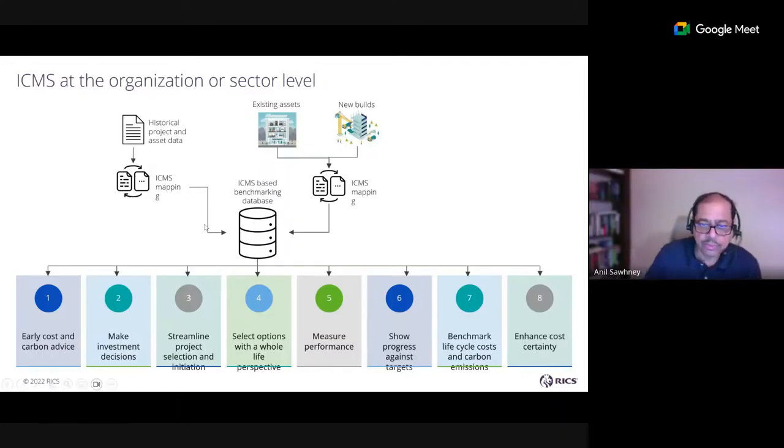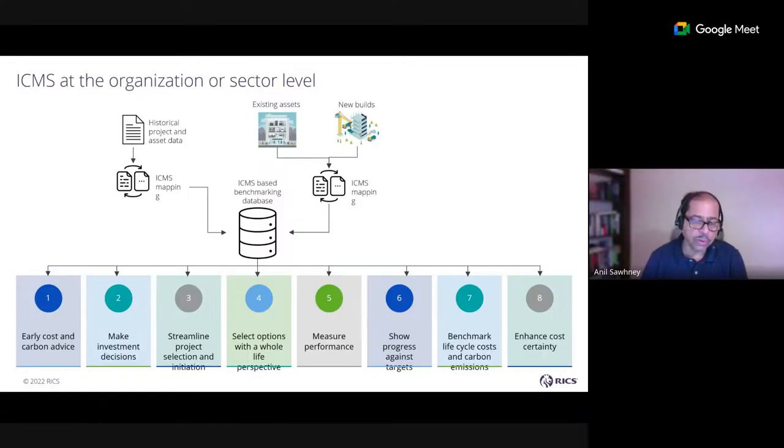If you have this kind of a database that uses the ICMS mapping, you have both new builds as well as existing assets. You have your historical project and asset data that you map into ICMS and store it in the database. This is the benefit that you can have within your organization or out broadly in the industry.